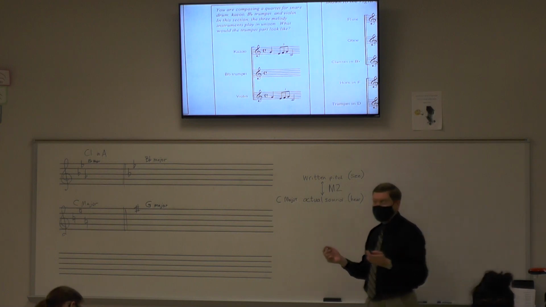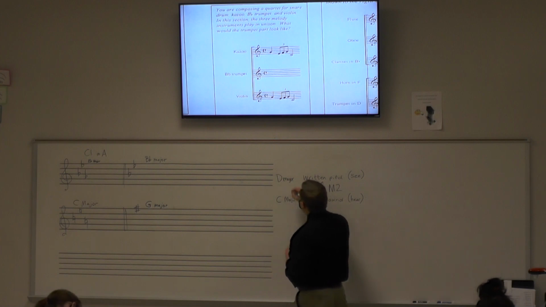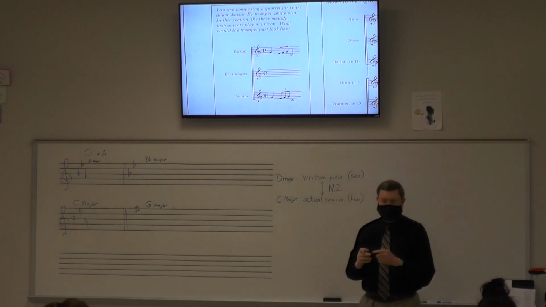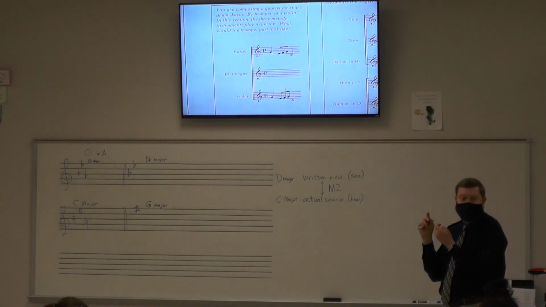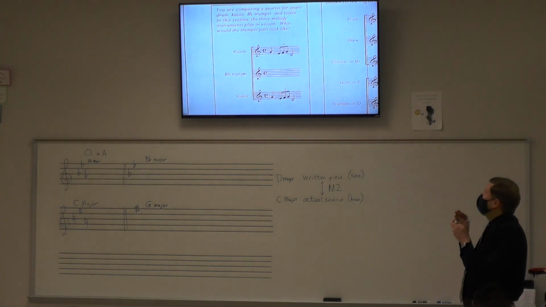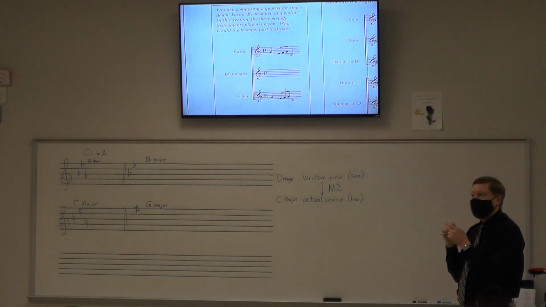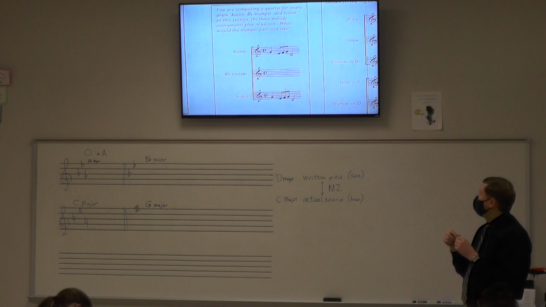D major, a whole step higher. Now, I know I didn't give you space there. Between the treble clef and the common time, could you squeeze in D major's key signature? Because it's supposed to go in between the clef and the time signature. And what is D major's key signature? Two sharps. Good. F sharp, C sharp.